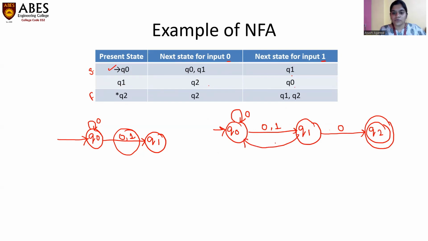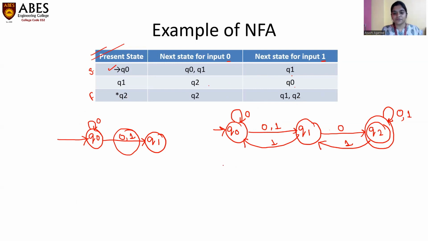So that's how we can draw it like this. Now, from state Q2, by reading 0, it is coming back to state Q2. And by reading 1, it is moving to state Q1 and Q2. So this is the transition diagram for this transition table of NFA.